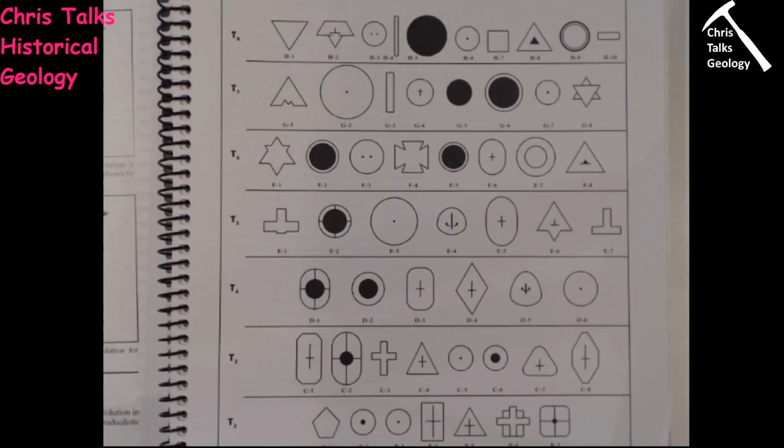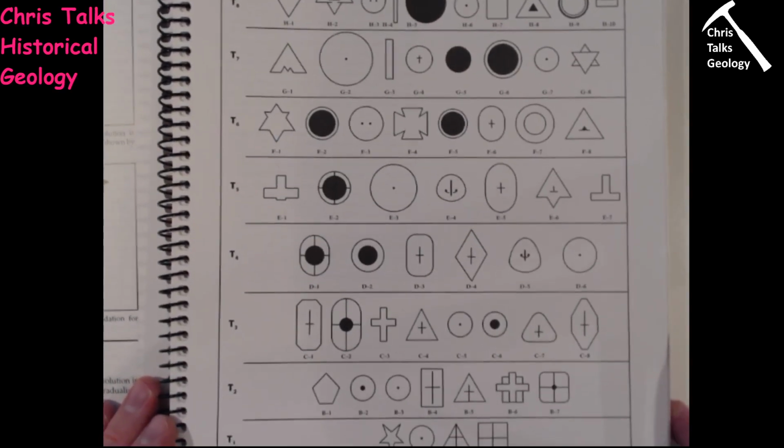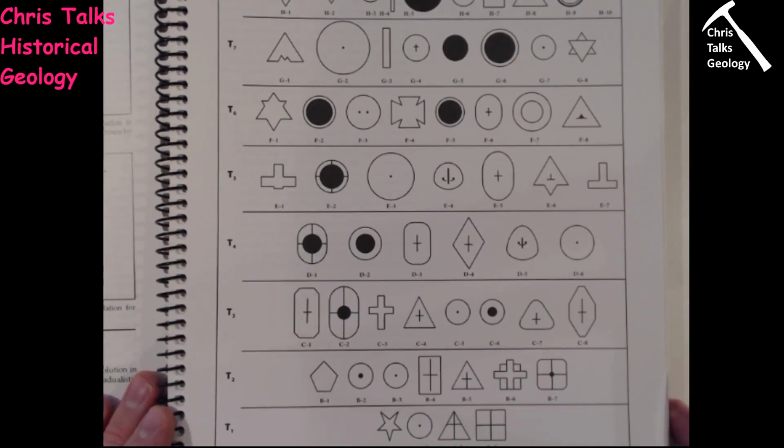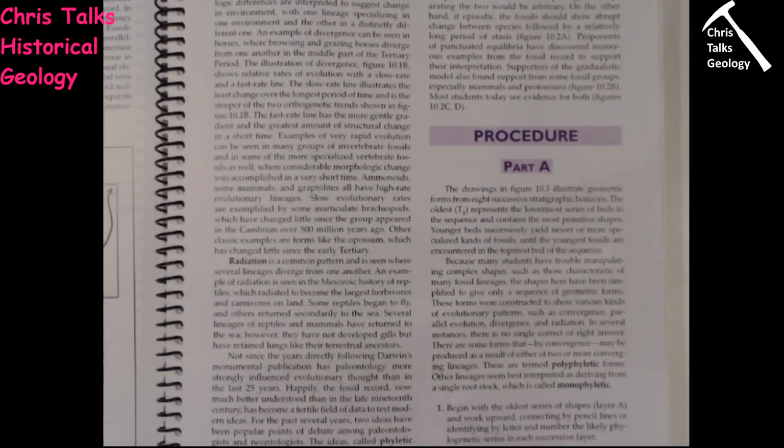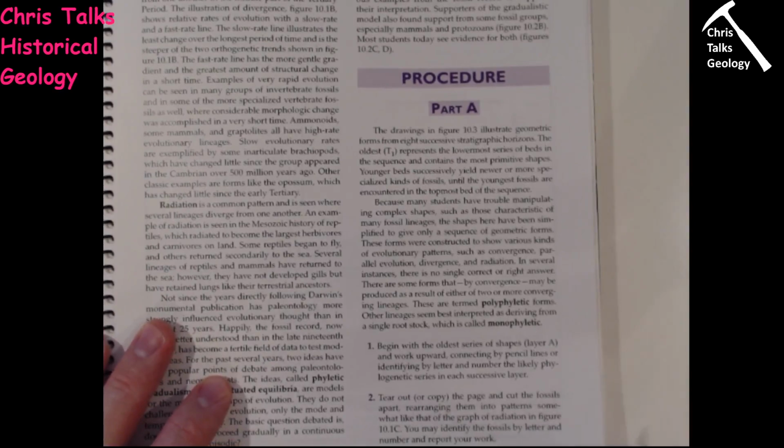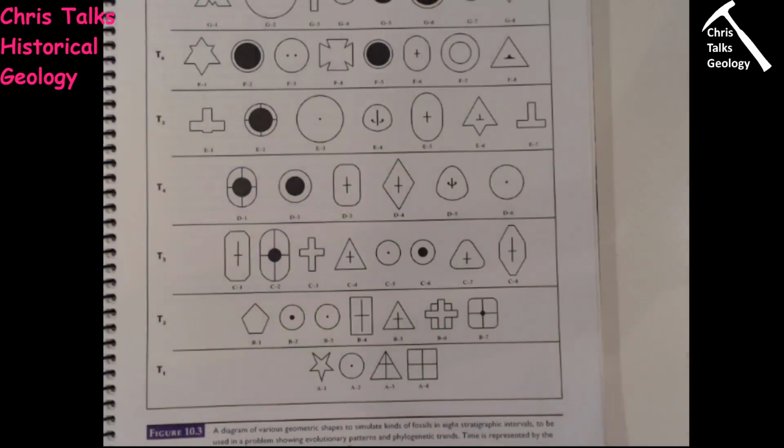So what are we trying to do? We're going to try and spot patterns, because if we can spot the patterns, that's going to allow us to link fossils together in different layers, and show us the evolutionary path taken by certain species. Let's go back to question 1, which says begin with the oldest series of shapes. That's layer A, A1, A2, A3, A4.